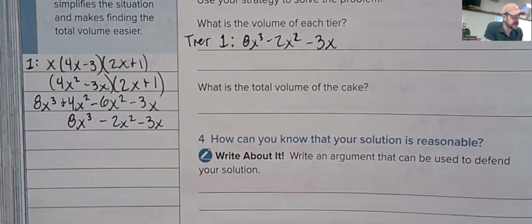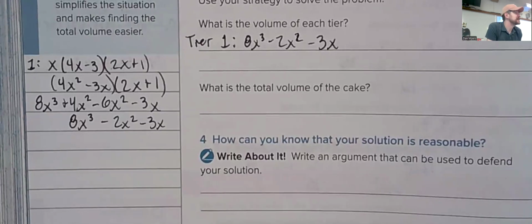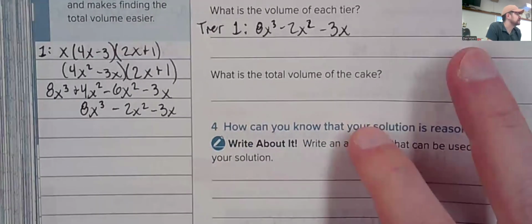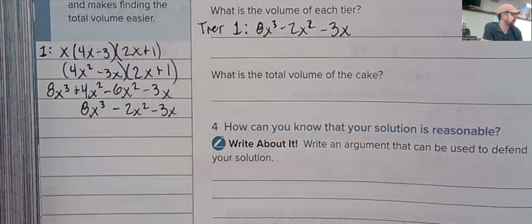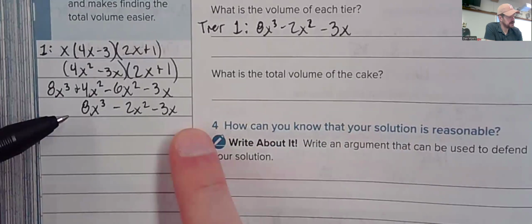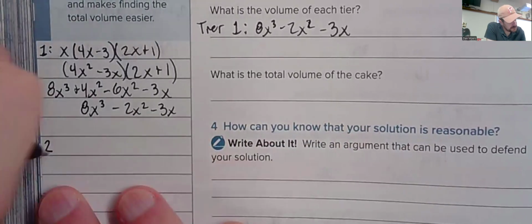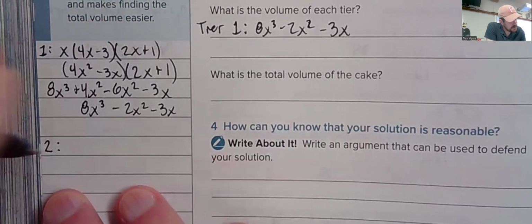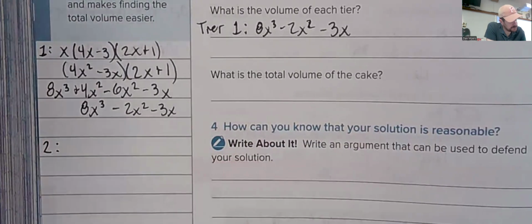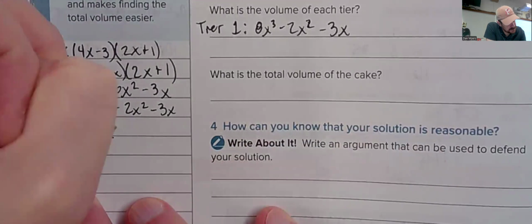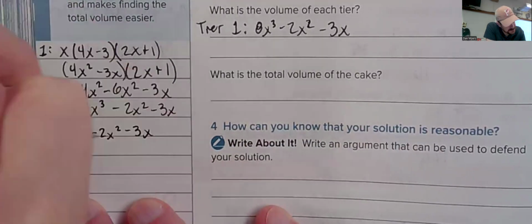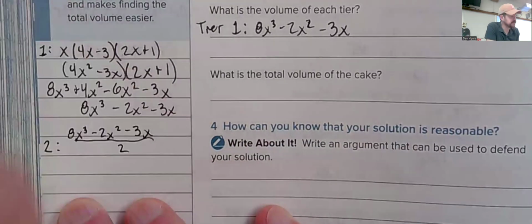All right. What does it say about each subsequent tier? Half. Yeah. So we don't actually have to do FOIL again. We just have to cut this in half. So tier 2 is going to be equal to 8x cubed minus 2x squared minus 3x divided by 2.